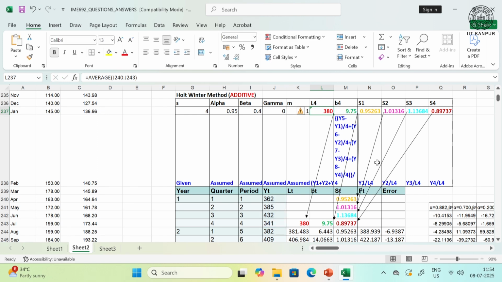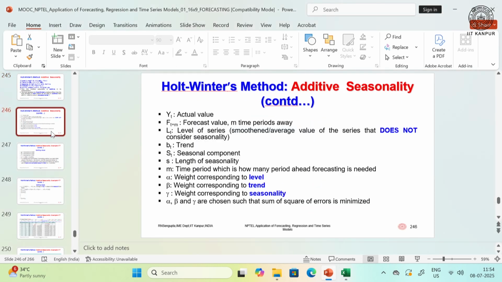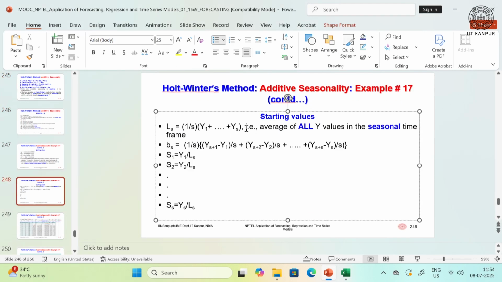And from where are you getting the average? Based on what concept? The first point: the average of all y values in the seasonal time frame we are considering. So L4, where small s is 4, will be 1 by 4 times y1 to y4.